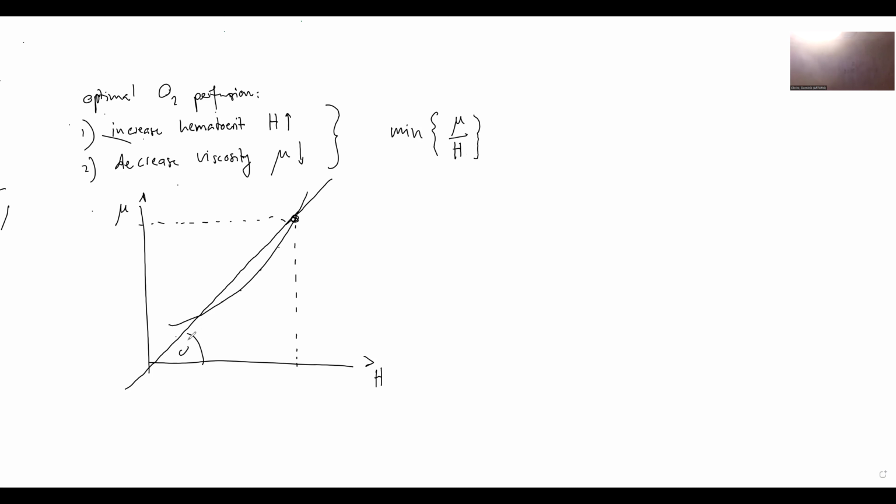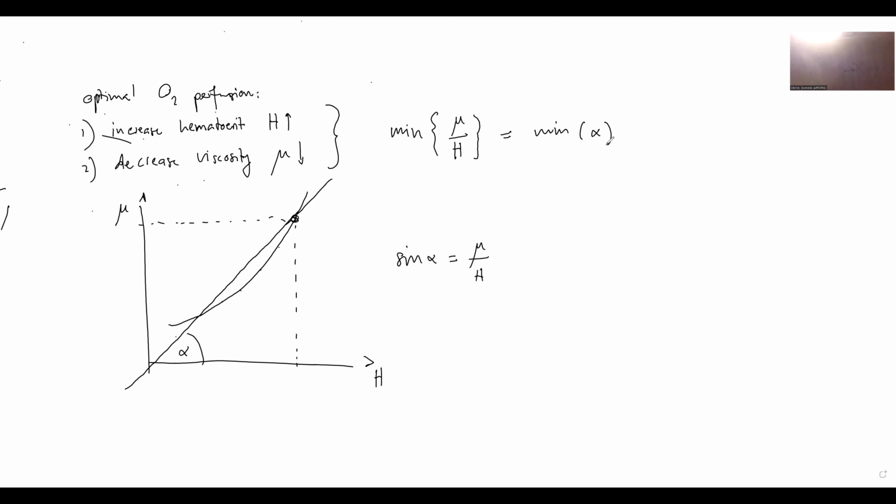Or if we say the angle alpha, tangent alpha is just mu over h, right? So the minimum mu over h corresponds to the smallest possible alpha.